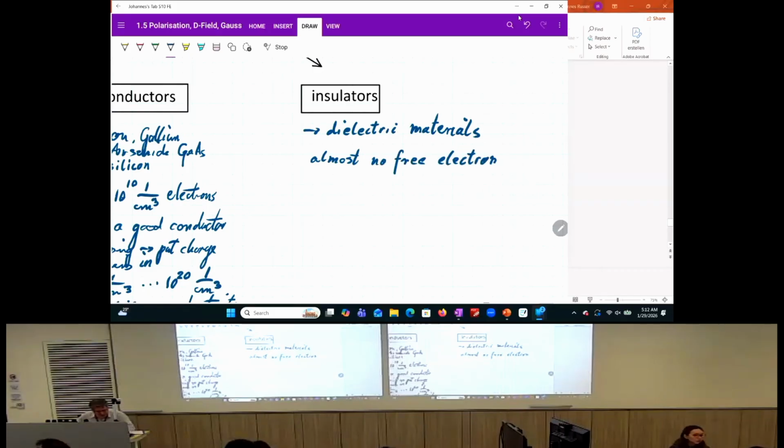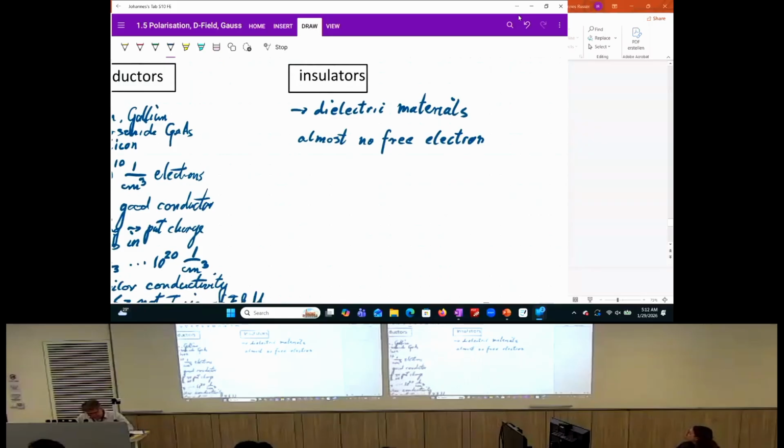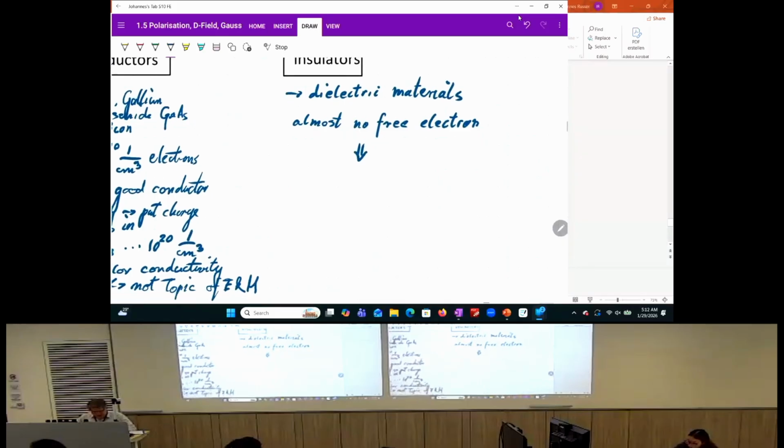Every nucleus is surrounded by electrons, which also compensate the positive charge of the nucleus. But the question for the conductivity is whether these electrons are free to move or not. And in the dielectric case, you have essentially no conduction, so they are not conducting.